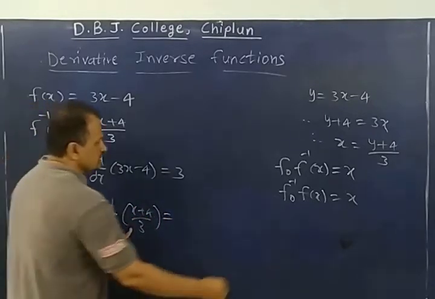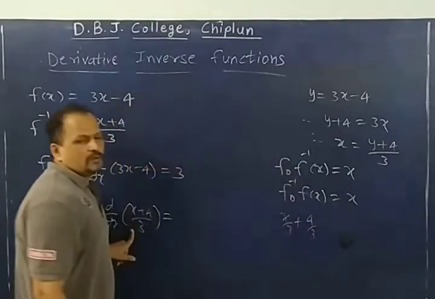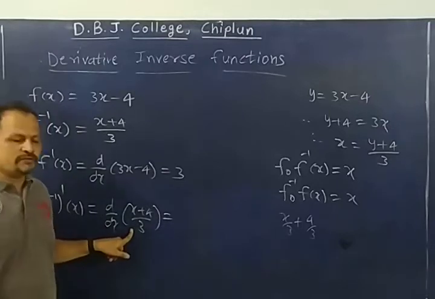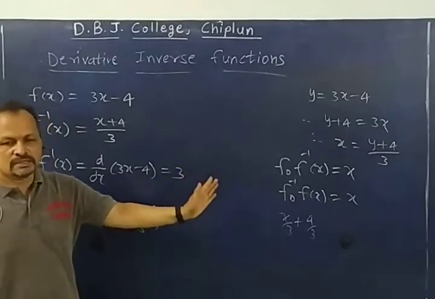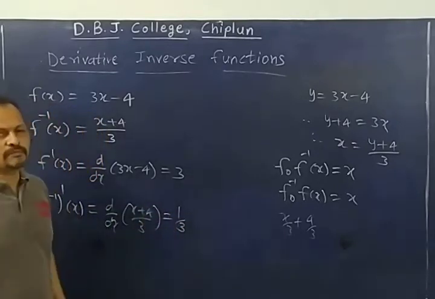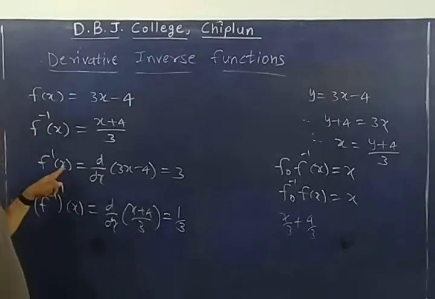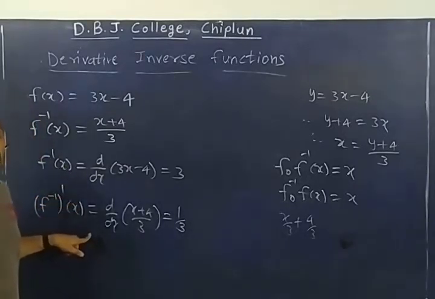You can think of this as x by 3 plus 4 by 3. 4 by 3 is constant, its derivative is 0. X by 3 is a constant into x, so the derivative is the constant, which is 1 by 3. Observe that these two derivatives are reciprocals of each other.